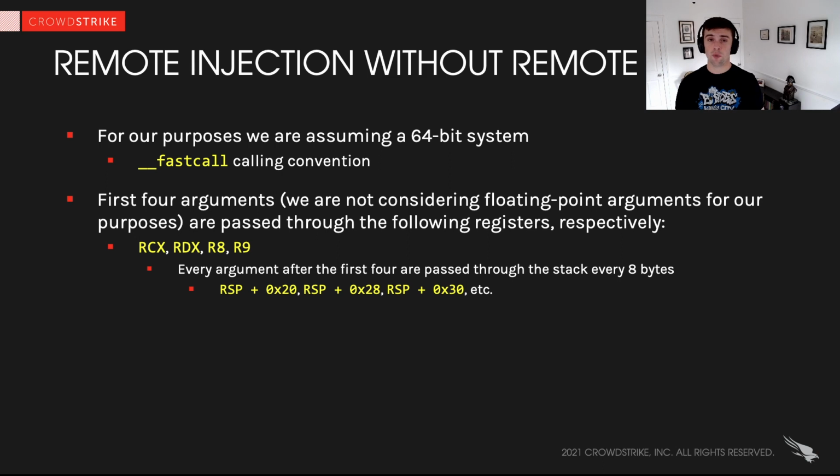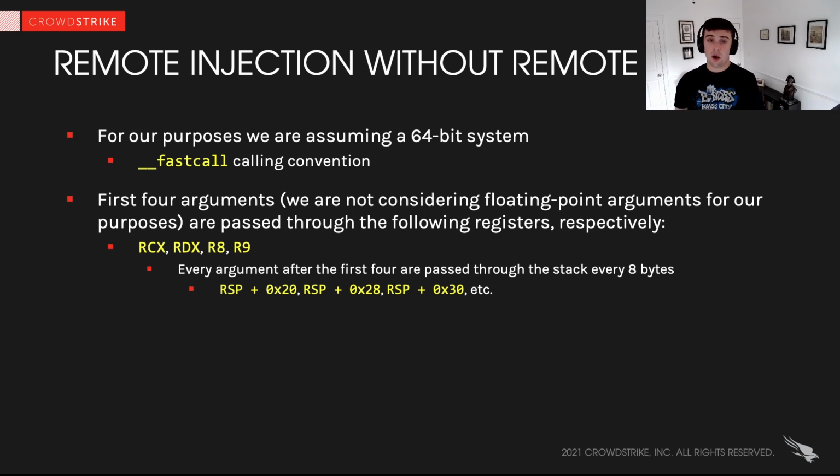And with a 64-bit system, we then assume what's known as the fastcall calling convention on Windows. So the first 4 arguments for a given function that's called through this calling convention, for our purposes, are passed through these registers: RCX, RDX, R8, and R9. Every argument after that is passed through the stack, similarly to stdcall, which uses a stack for passing arguments.